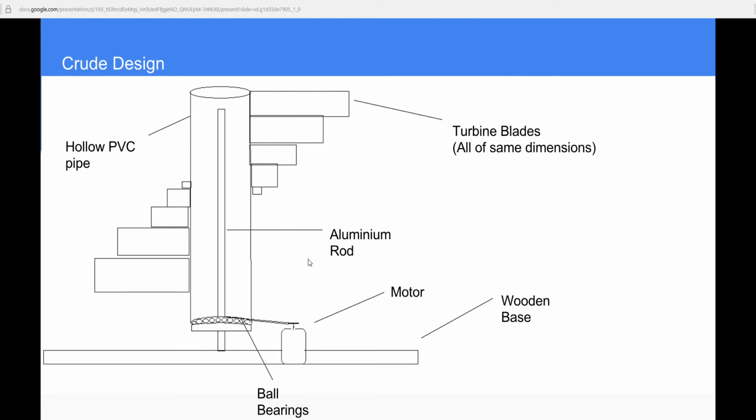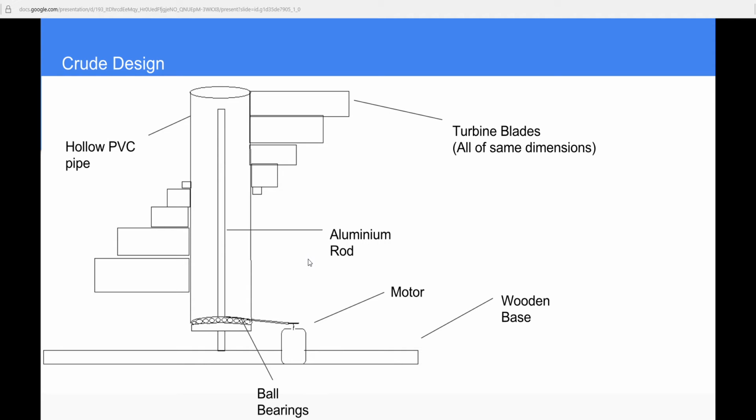So this is a crude design of what the main feature of the power plant, the wind turbine, will look like. It is basically a hollow PVC pipe with wind blades attached to it. The turbine blades are all of the same dimensions and they are attached to the PVC pipe in the same fashion like a spiral staircase.